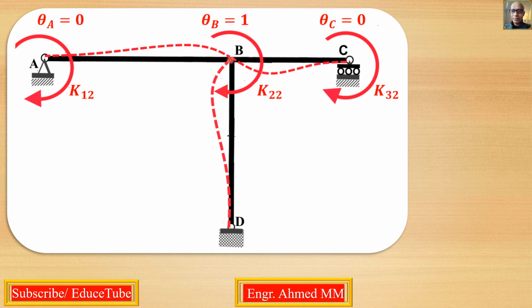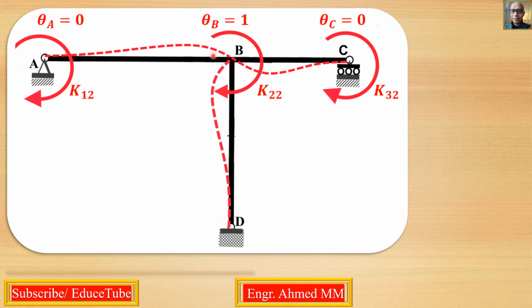These 3 members are connected at this joint, so these 3 members are affected. So what will be the result then? Here we need moment 4EI over L, for this one also 4EI over L, here also 4EI over L. So 4EI over L to be multiplied by 3, or added 3 times.